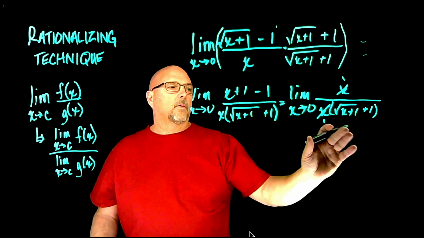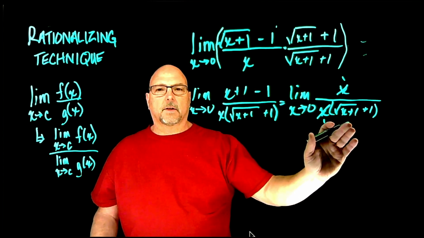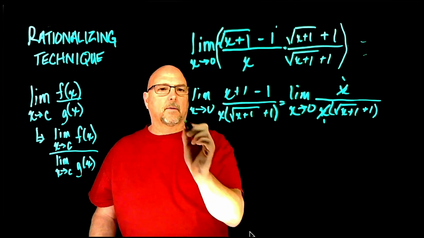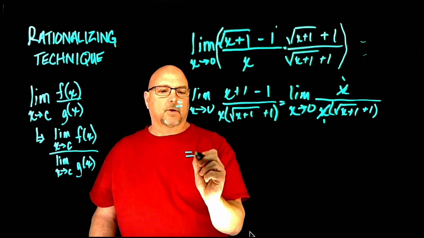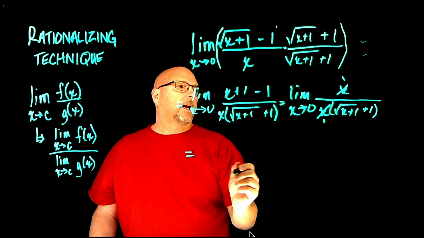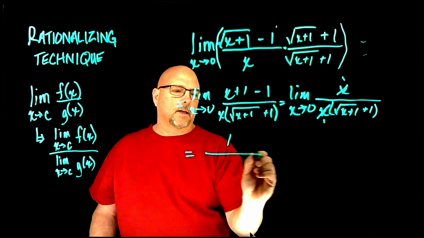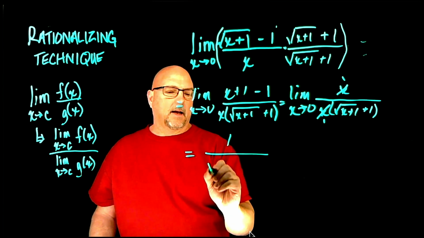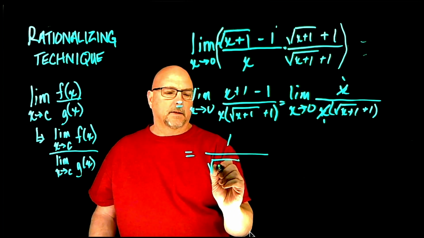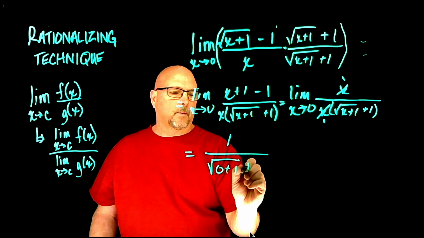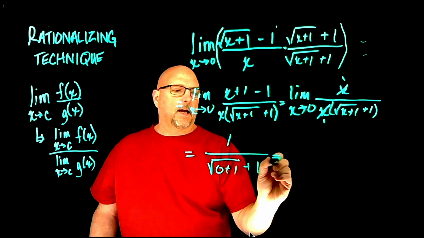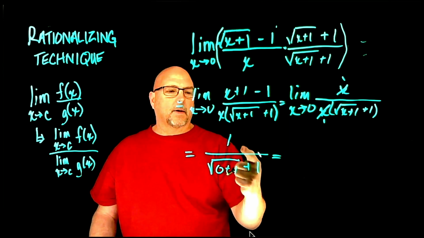So now I'm going to try to go to direct substitution from here. So I can drop writing the limit, and in the numerator I have a 1. In the denominator I'd have the square root of 0 plus 1, plus 1. And that now evaluates to something.